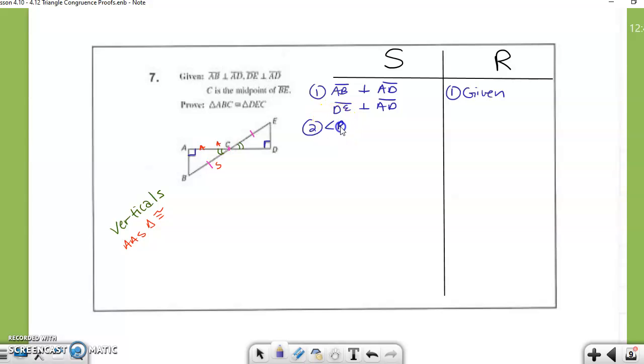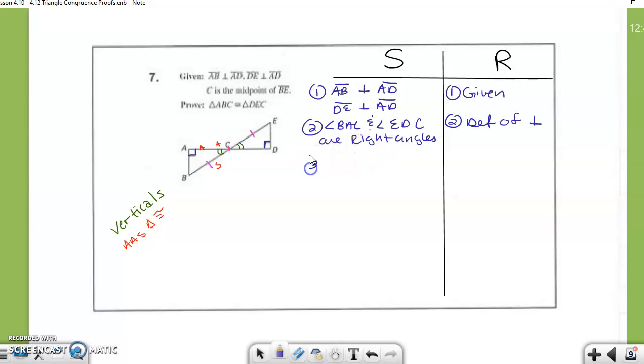I know that angle BAC and angle EDC are right angles. That's based off of that given information. I'm using the definition of perpendicular. It says they form right angles.